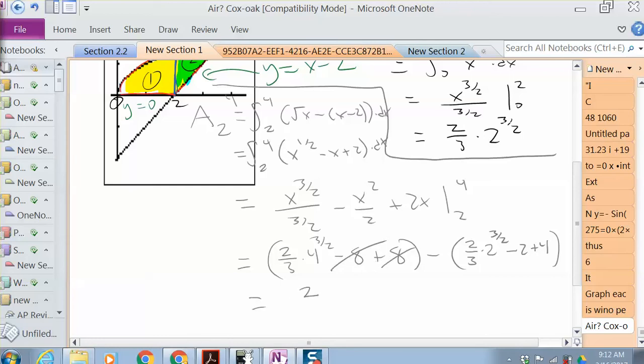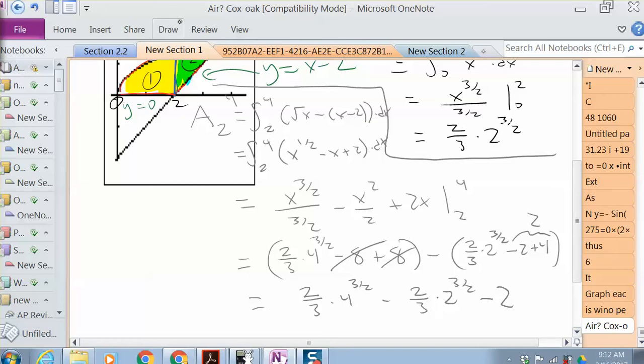So you wind up getting 2/3 times 4 raised to the 3/2 minus 2/3 times 2 raised to the 3/2. And of course, careful here, that's going to be minus 2. That's, of course, positive 2, but then you have a negative to the left of the parentheses.